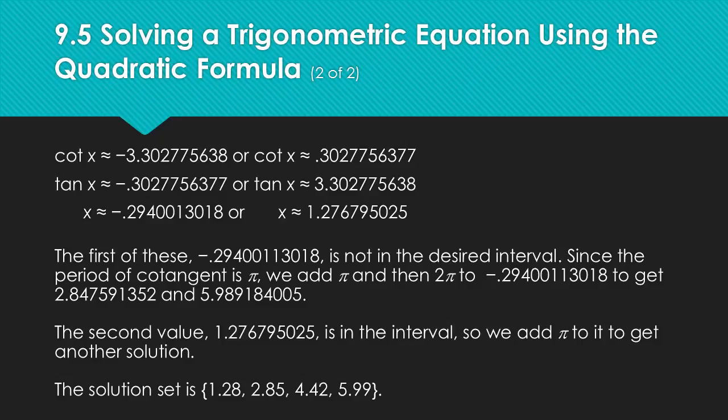We want to go from 0 to 2 pi. So adding pi and then 2 pi to our negative answer gives us 2.847 and then 5.989. The second value is in the correct interval, and we need to know what the other value is, so we're going to add pi to that, and that gives us our second value for that one. So we have our solution there.